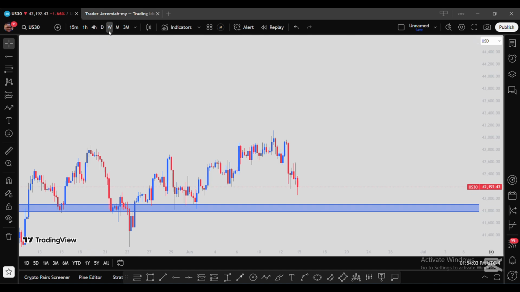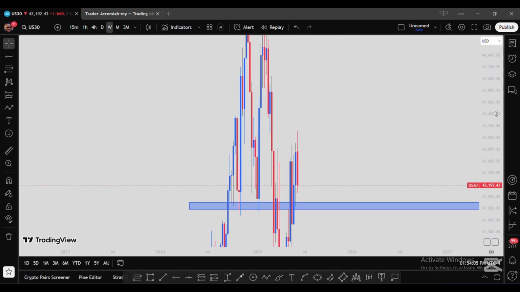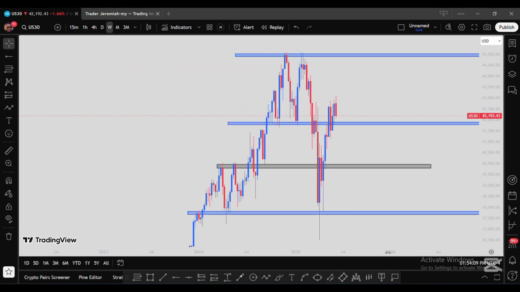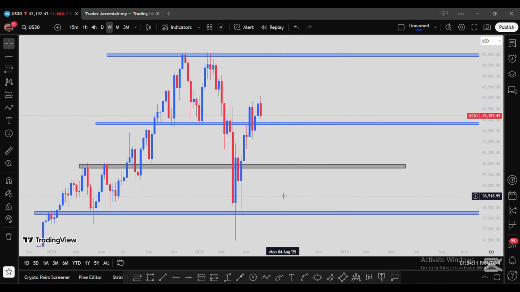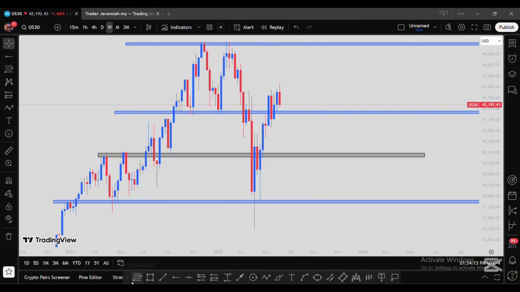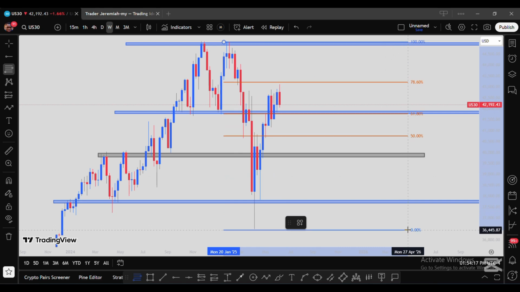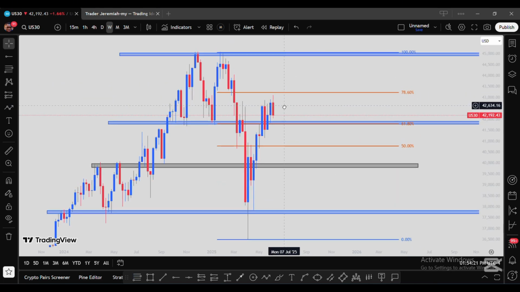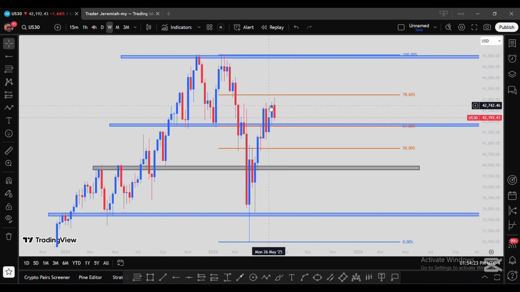But if we still go to the weekly time frame, we say the market is bullish, but at the same time, let's look at it this way. Now drawing the Fibonacci this way and also looking at the market in this way.